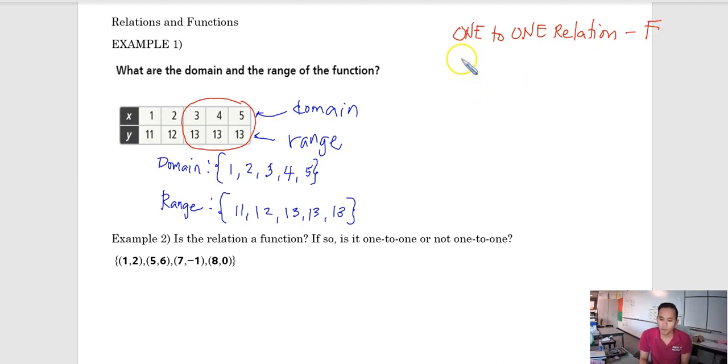And then we have one-to-many. Sorry, this should be many-to-one. So a many-to-one relation is again still a function.